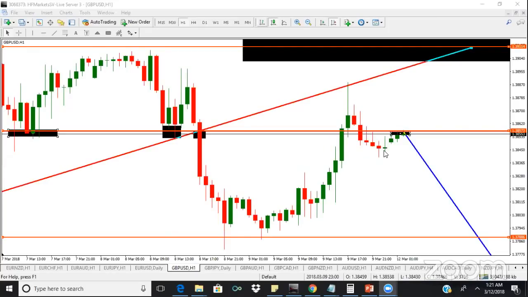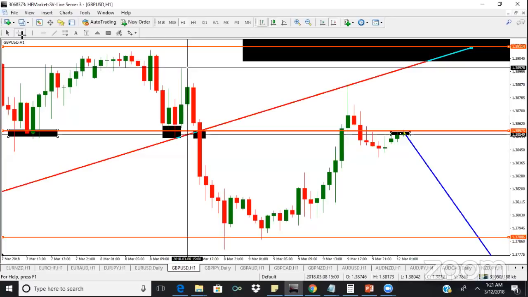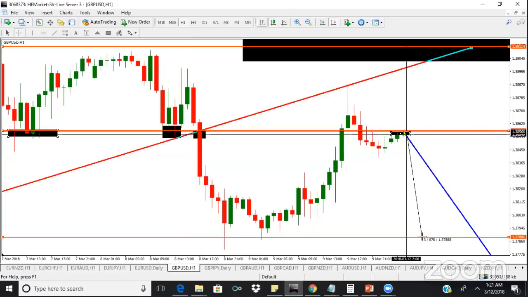So this is so tempting. I feel like entering it. 61, 65 pips. I'm risking 35. This is so tempting. Don't even know what to do, Seth.